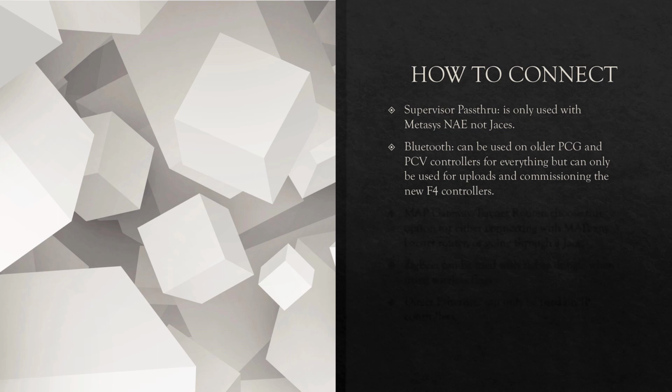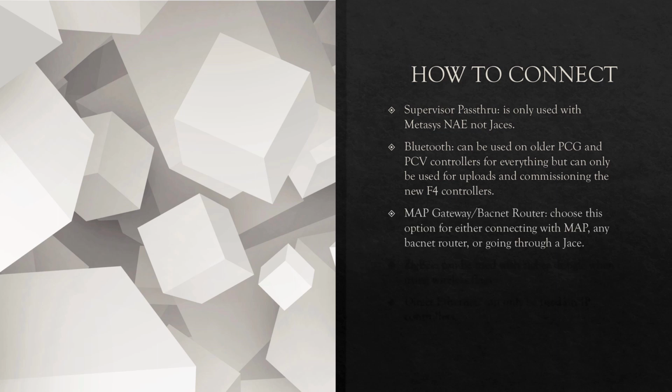Soap on a rope I'm referring to as the BCCTVT tool. Looks like a big blue bar of soap. That does not work on the new F4 controllers. Map Gateway, currently, that's how we connect to the new controllers, right?